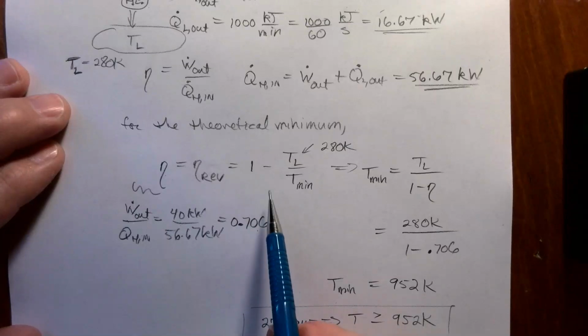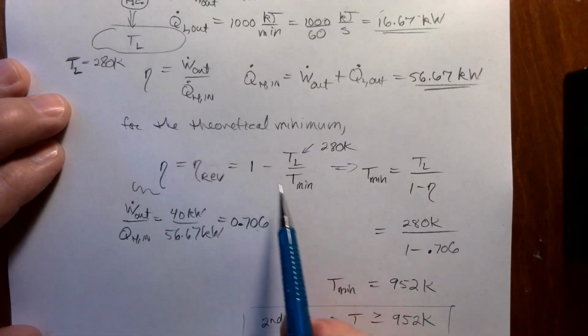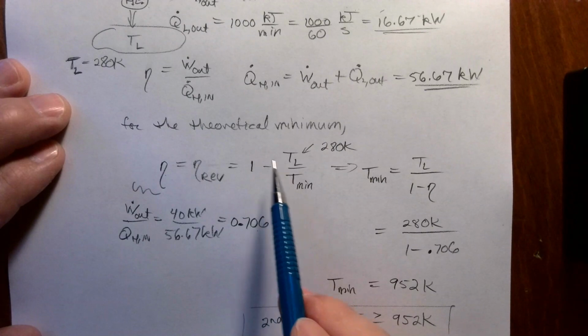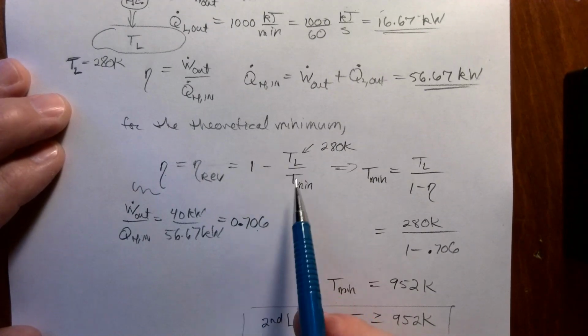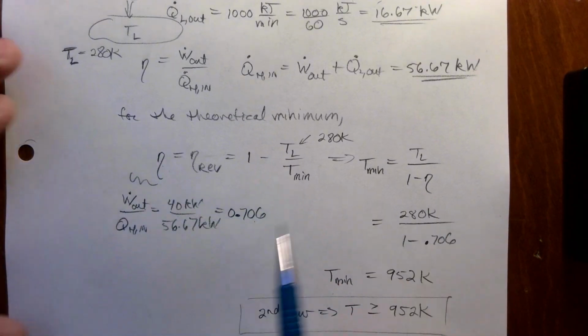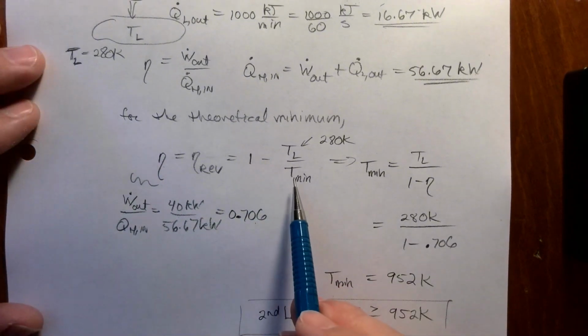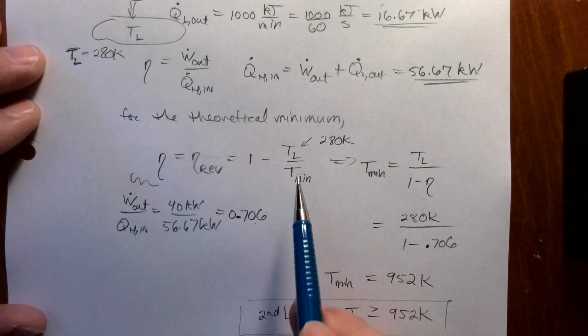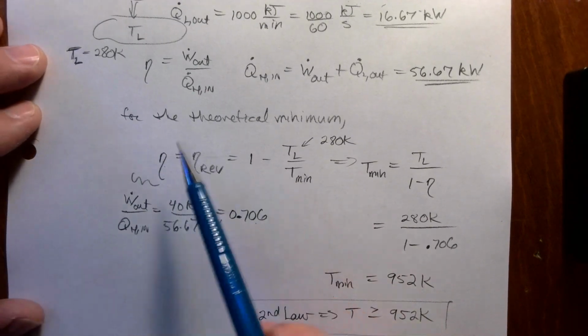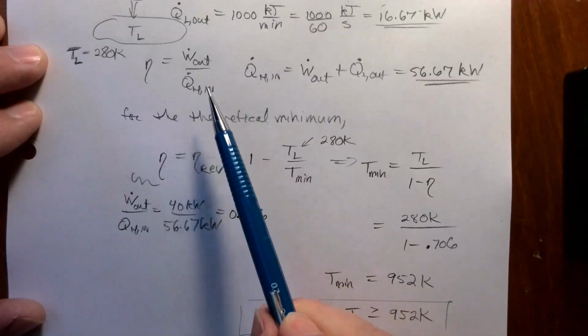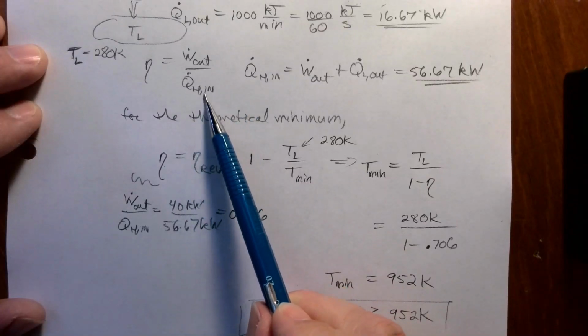I'm not going to require that you memorize this equation, the reversible case. But I'm also not going to give you this equation either. Of course, it's going to be open book, so I guess you can go look up those equations. I have a tendency to not want to memorize these equations, and it's too easy to start with the concept of efficiency being W out over Q in.